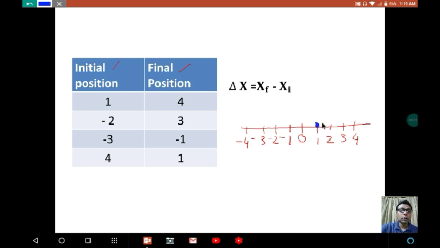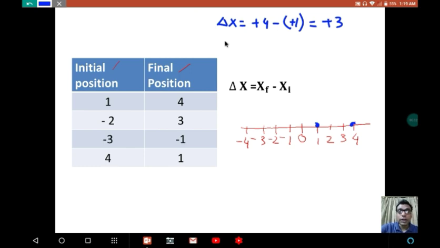So this is the initial and this is the final position. Here we can calculate delta x equals positive 4 minus positive 1, that is equal to positive 3. What does it mean? It means that the displacement is positive.